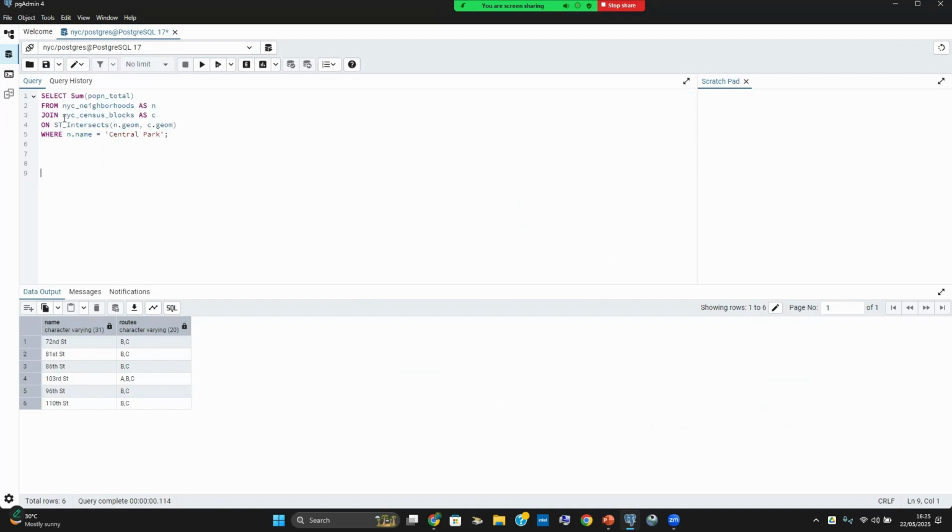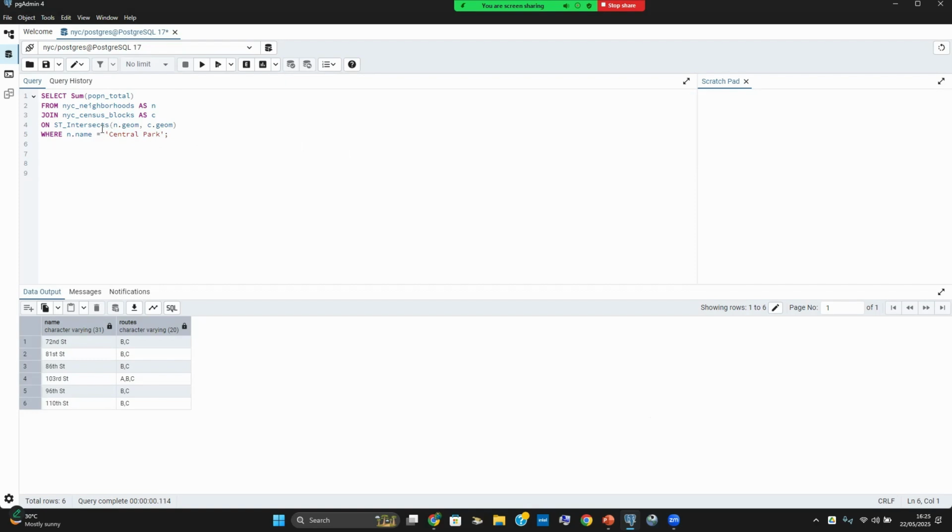So what we're seeing here, we're joining the New York census to the New York neighborhoods table, and we are selecting the total population, aggregating it, of the neighborhood that is named Central Park.